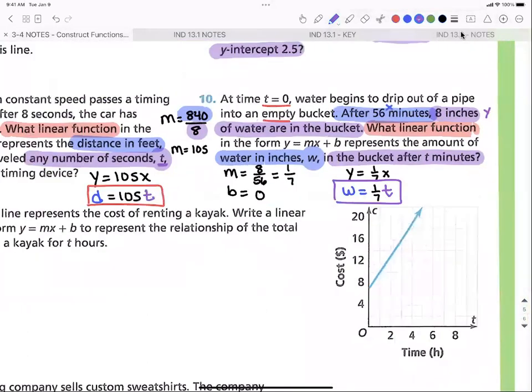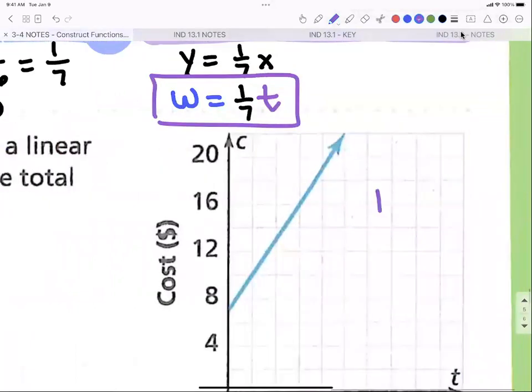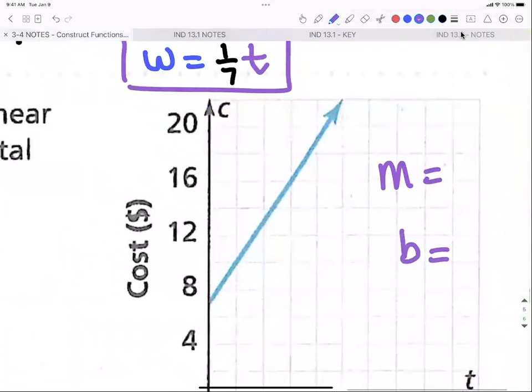We did this one together already, right? We found our M and our B. I'm not going to actually work it, I'm just going to remind you. We found our M and our B from the graph, which honestly is a lot easier because you don't even have to worry about doing any math. You just name your B, and then you pick another good point, and then you have to find your rise over your run.